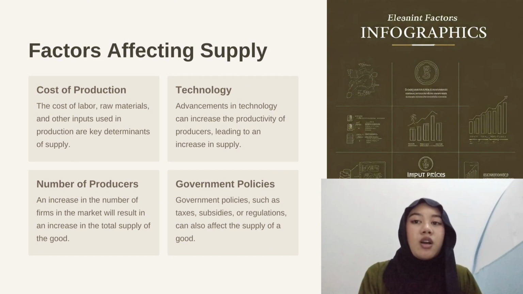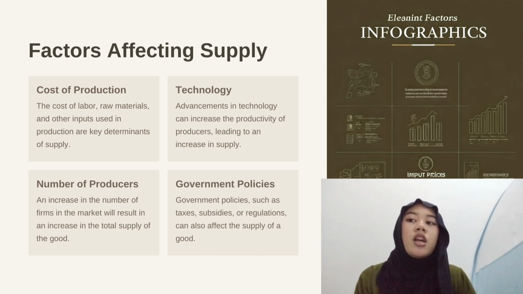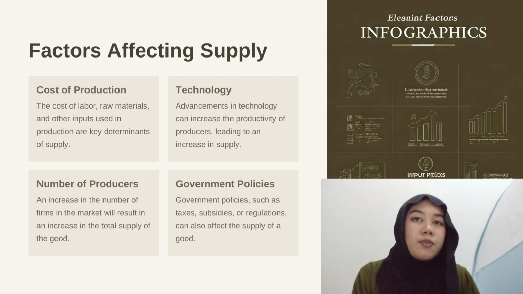Number of firms. An increase in the number of firms in the market will result in an increase in the total supply of the good. Government policies. Government policies such as taxes, subsidies, or regulations can also affect the supply of a good.